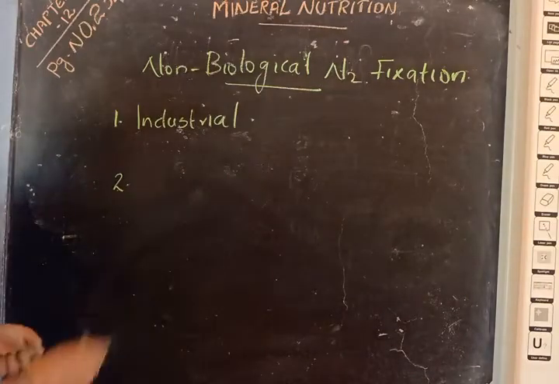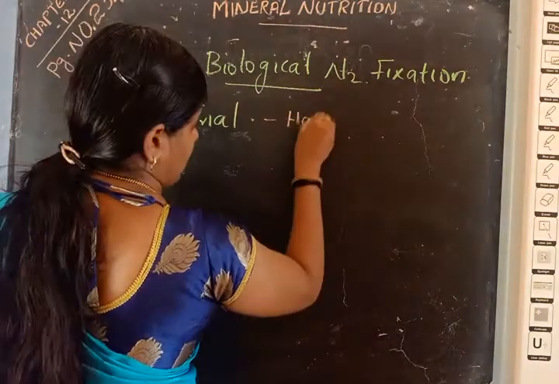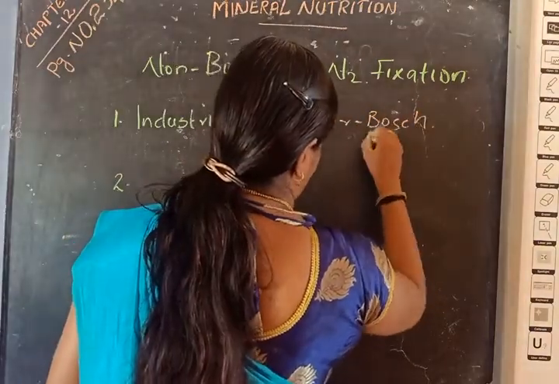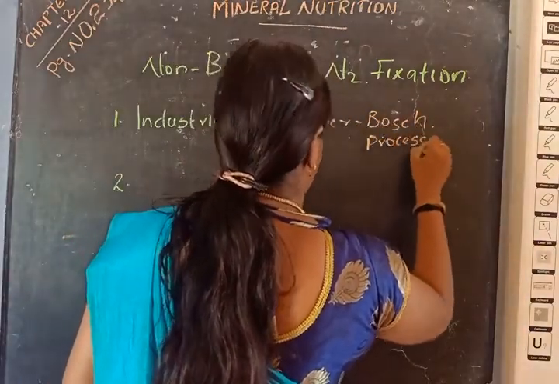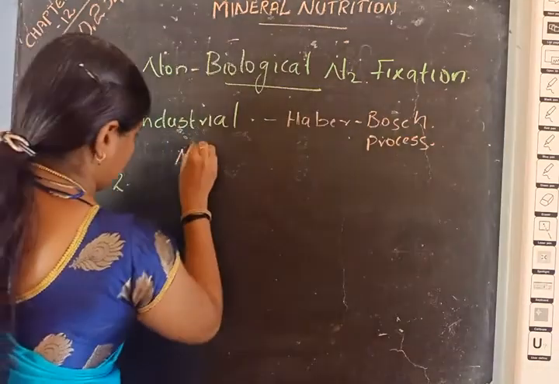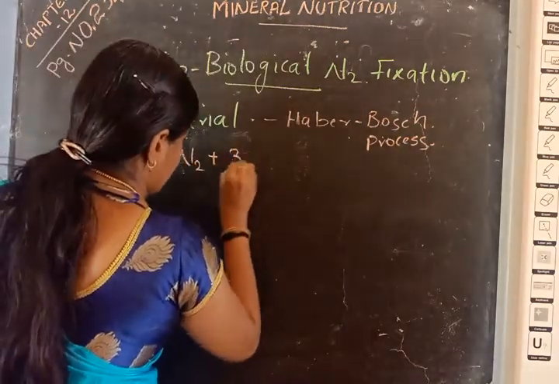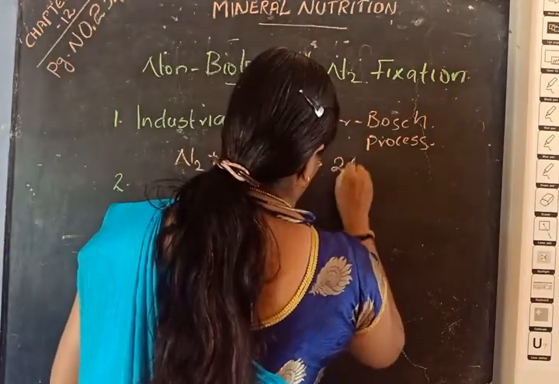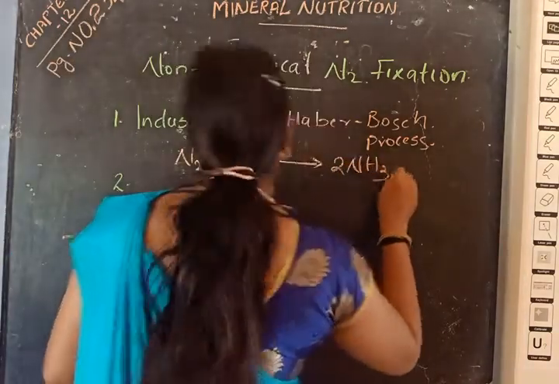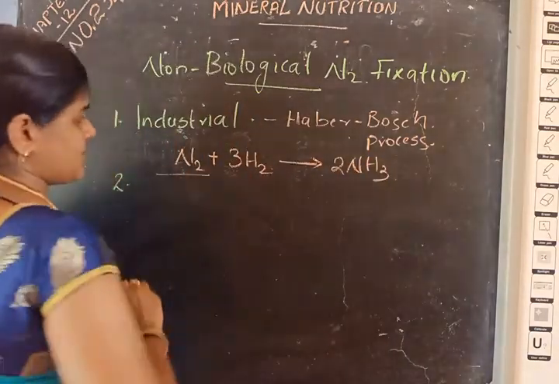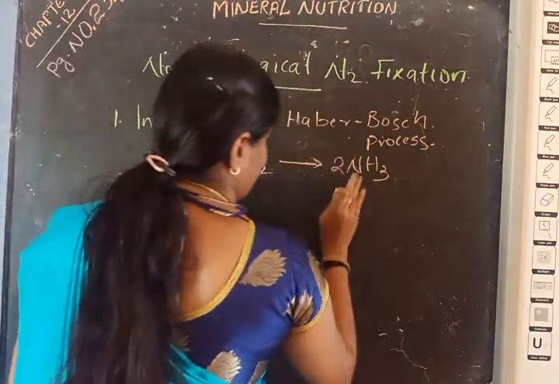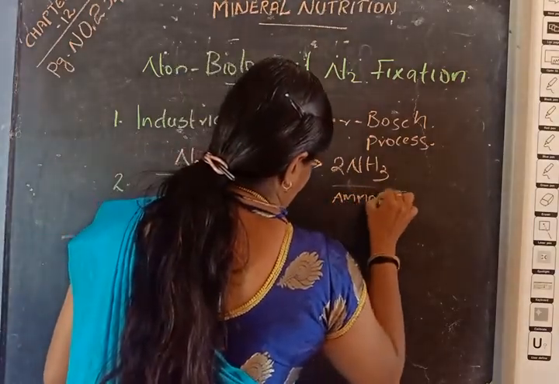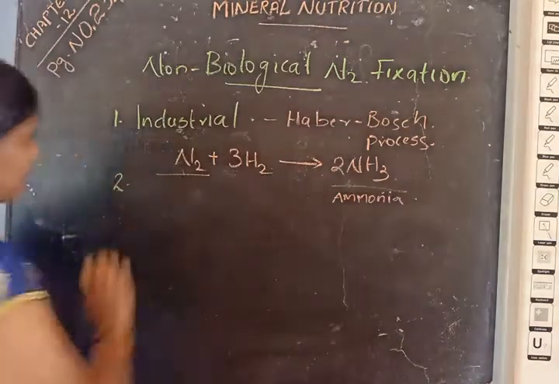The industrial nitrogen fixation is called the Haber-Bosch process. N2 plus 3H2 gives 2NH3. That is the atmospheric nitrogen which is converted to ammonia. This is called the Haber-Bosch process.